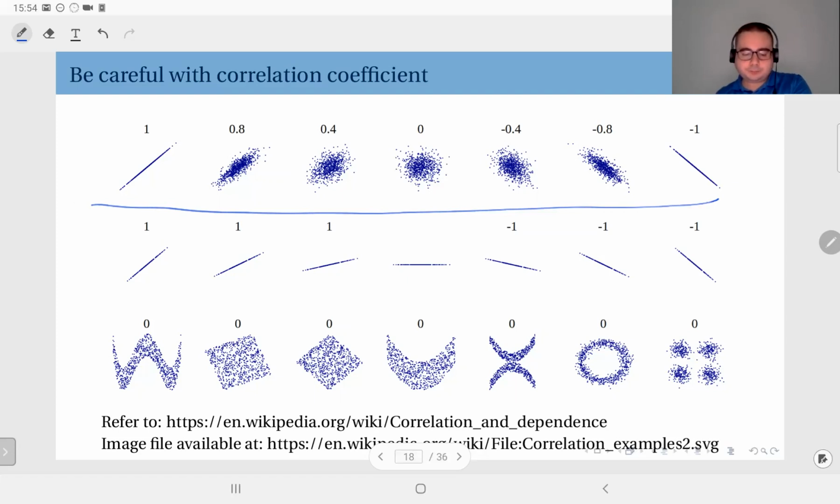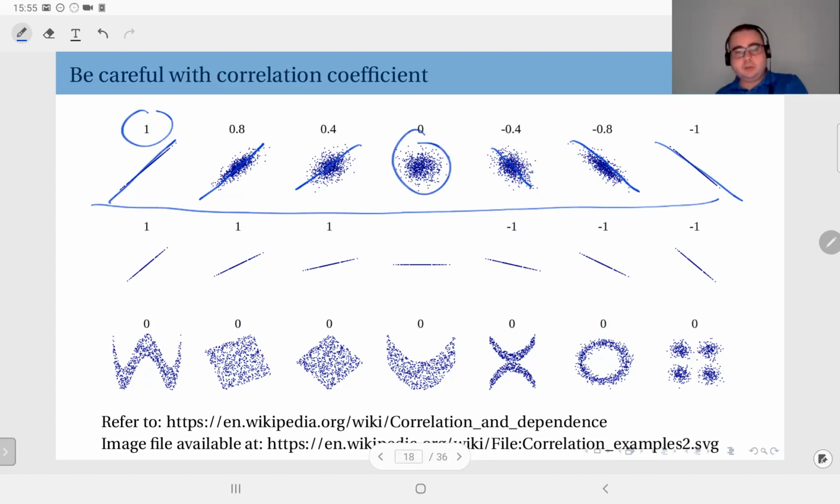So you see this is a correlation coefficient of 1, a perfect linear relationship, and -1, it's again perfectly linear, but with a negative slope. So one increases, the other decreases. And here you have a high correlation on these ends. Okay, and here you have small correlation, 0.4, and here you have no correlation at all.